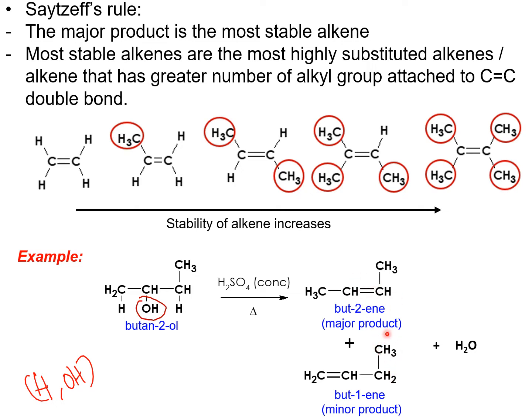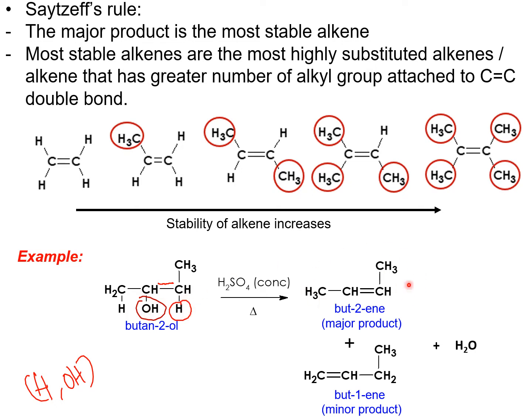Cumanya untuk tentukan mana satu yang major product, kena tengok dekat carbon-carbon double bond tersebut. Okay, which carbon-carbon double bond yang adalah highly substituted alkene. So we have to check it out lah. Okay, contohnya kalau let's say I remove hydrogen dekat sini, I akan buat double bond dekat sini. I akan dapat double bond dekat carbon ni dengan carbon ni, because I dah remove OH dengan H from here.